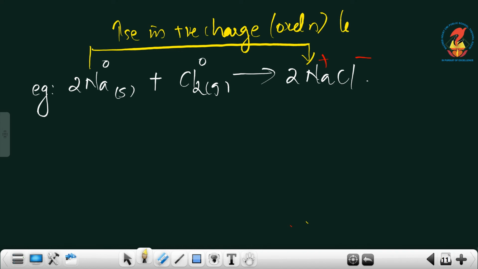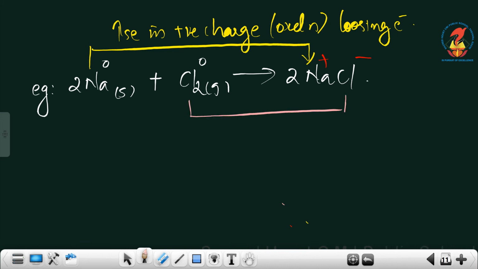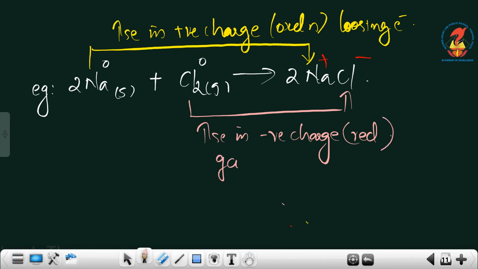Means there is losing of electron. And see what happens to chlorine here. Cl2 is changing to Cl minus. There is increase in negative charge. Increase in negative charge means it is representing reduction, and reduction means it is the gaining of electron.